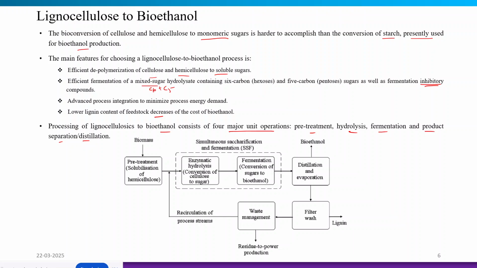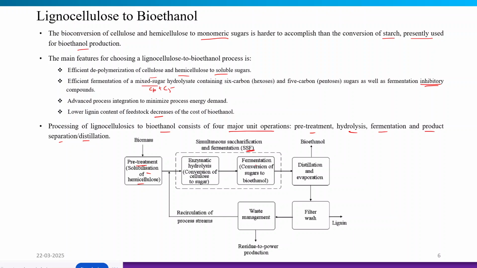You can see from this flow chart a simple idea of how bioethanol is produced in the process. Here the biomass first goes for pretreatment, where solubilization of the hemicellulose is done. Then it is taken for the simultaneous saccharification and fermentation process, well known as SSF.